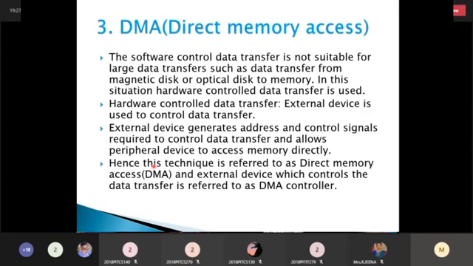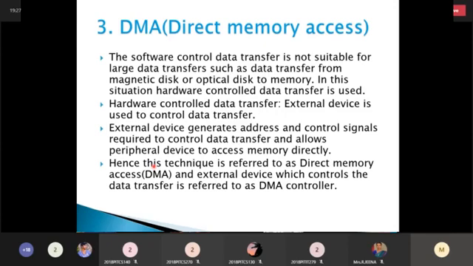Under the same topic, input output, we are going to see what is meant by DMA. DMA is direct memory access. Software controlled data transfer is not suitable for large data transfers such as data transfer from magnetic disk or optical disk to memory. In this situation, hardware controlled data transfer is used.